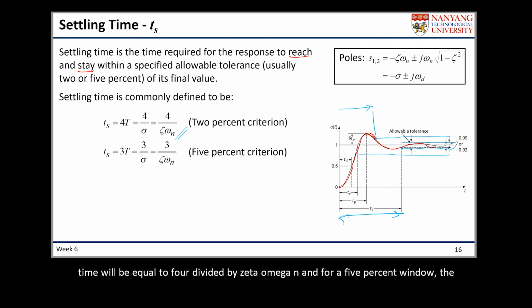And for a 5% window, the settling time will be equal to 3 divided by zeta omega n. This settling time is similar to peak time and rise time: it depends on zeta and omega n as well.